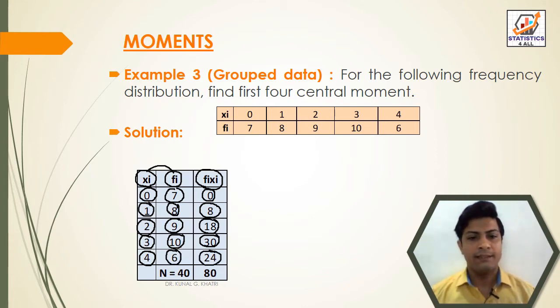Now after multiplying, we take the sum of fi into xi, we get the value 80.